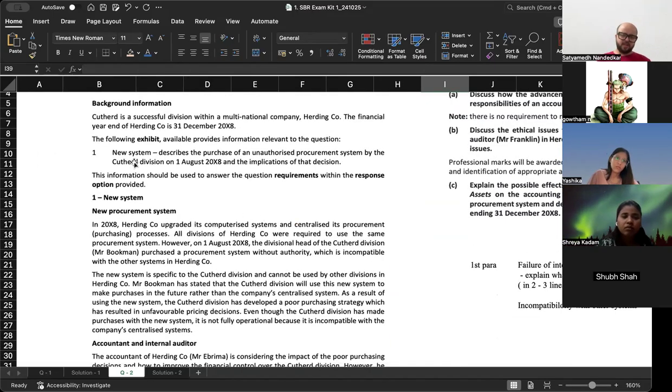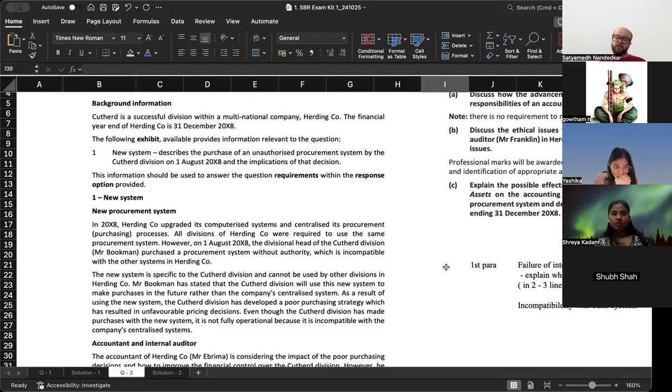Okay, Cutherd is a successful division within a multinational Herding Company. The financial year end of Herding is 31st of December. The following exhibit provides information relevant to the question. New system describes the purchase of an unauthorized procurement system by Cutherd division on 1st of August 2008 and the implications of that decision.